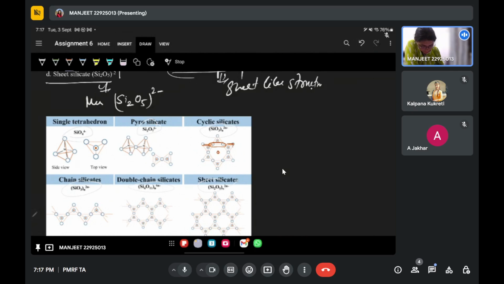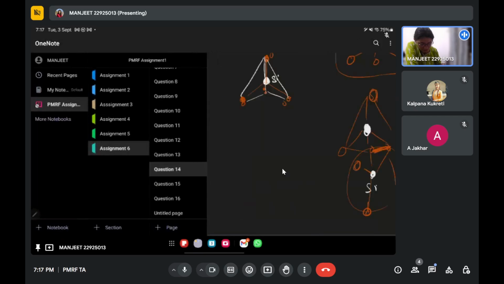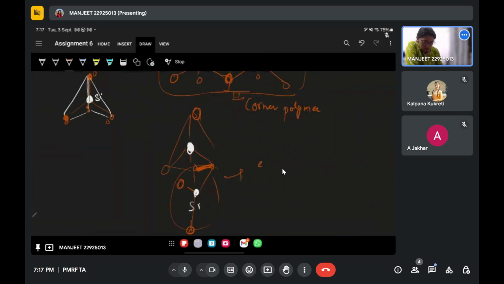If there is another tetrahedra here with silicon sitting here, the edge will be shared somewhere like this. That will be the case for the edge polyhedra.